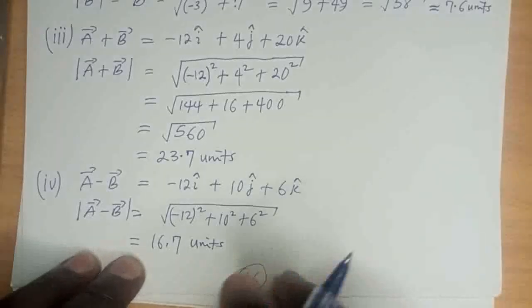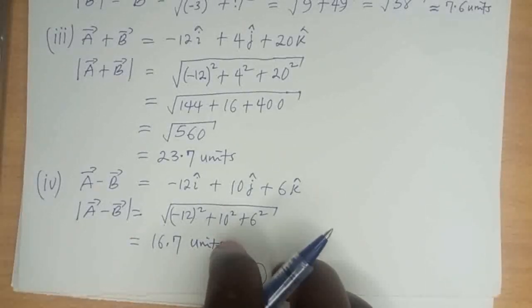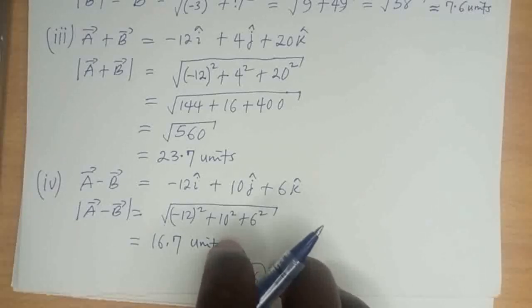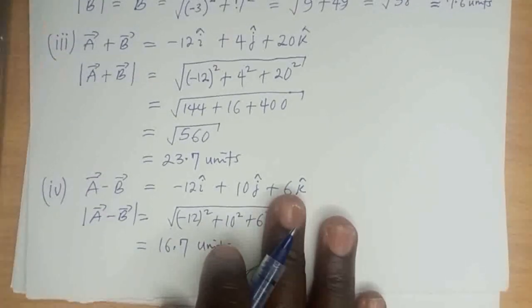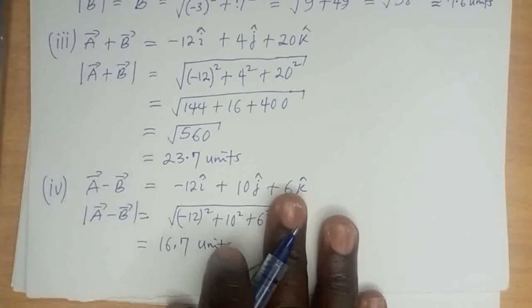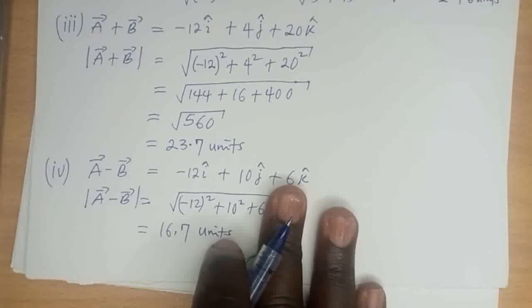This method is important, especially when the questions are objective questions and you are given very limited time. Maybe you are expected to solve the problem in less than a minute, sometimes less than 30 seconds, because you are given maybe 60 questions to answer in an hour.